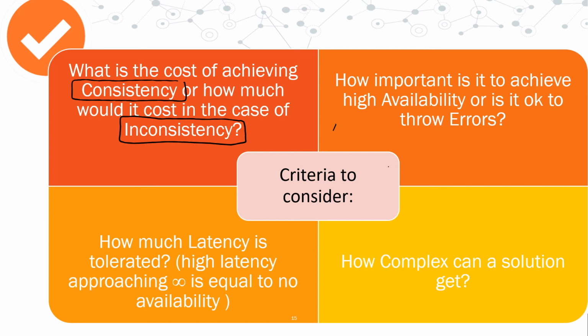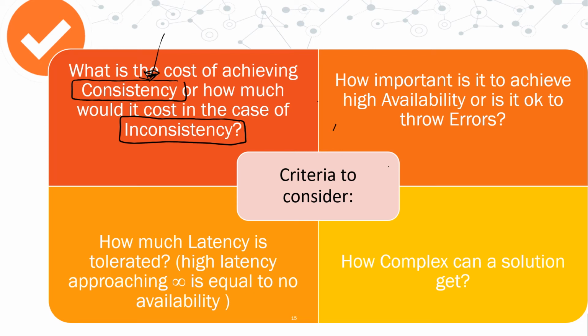Or if you want to maintain high consistency, what would be the cost to achieve very high consistency? Maybe you need to invest in appropriate technology and resources, and that would cost the business.